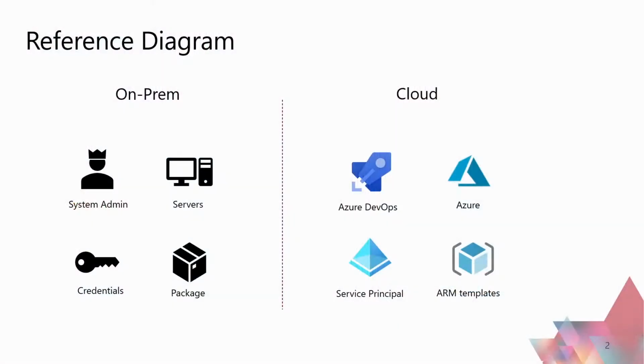So yes, for that I created this reference diagram, which we will be speaking about a lot along the presentation today. I tried to have a reference diagram to compare the old way of working with the cloud and the cloud technologies. So if we look at the typical on-premise environments, usually you would have a server.